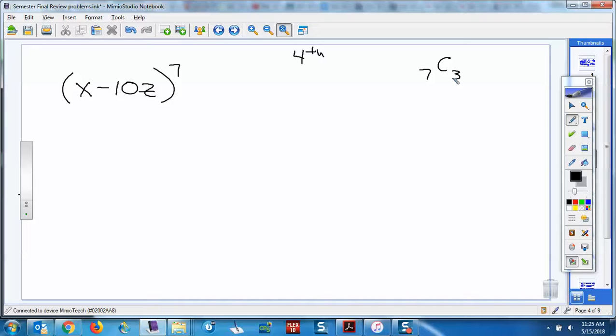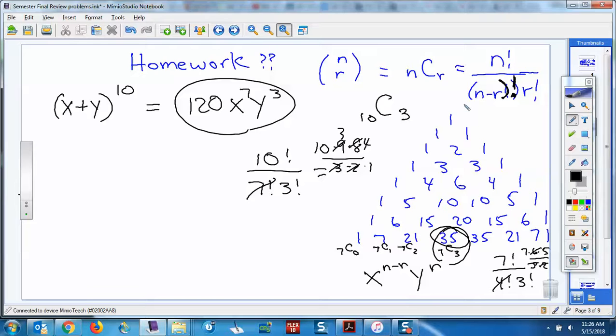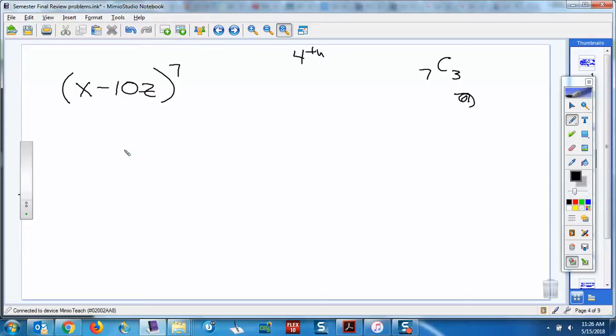The 7 comes from here, and then that turns out R. So it goes 0, 1, 2, 3. So the fourth term would be that. So we just did that, didn't we? 7 factorial over, we just did that right back here. That was 35. So we know we're going to have a 35 in front. We're going to have X to the fourth, right?